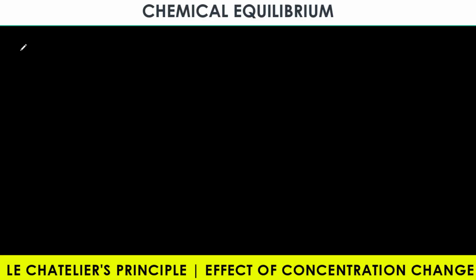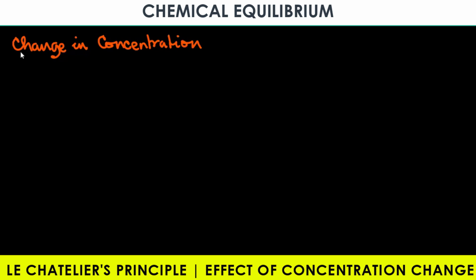So how does change in concentration affect the equilibrium position of a reversible reaction? The effect of change in concentration on equilibrium position is very straightforward. It's the simplest, right?